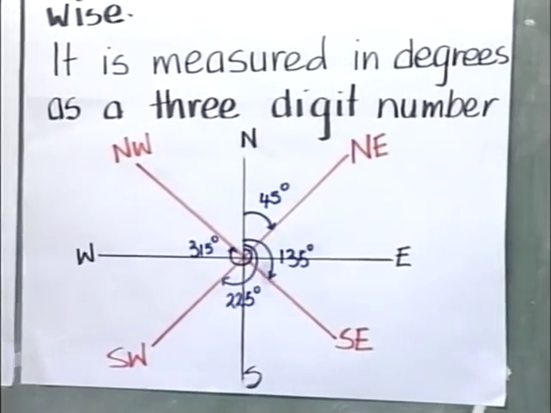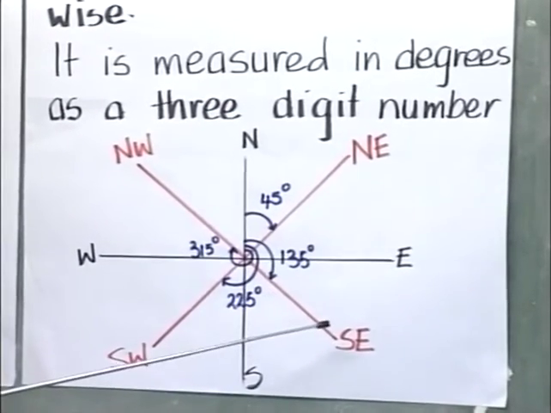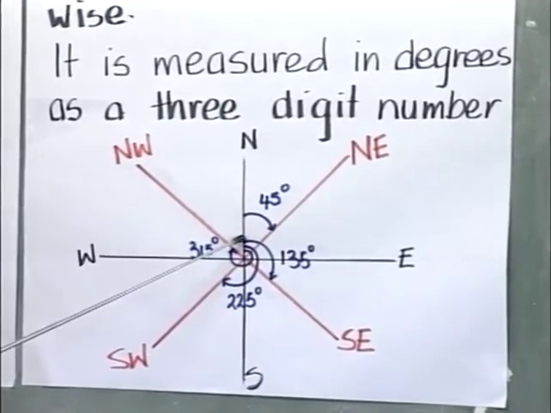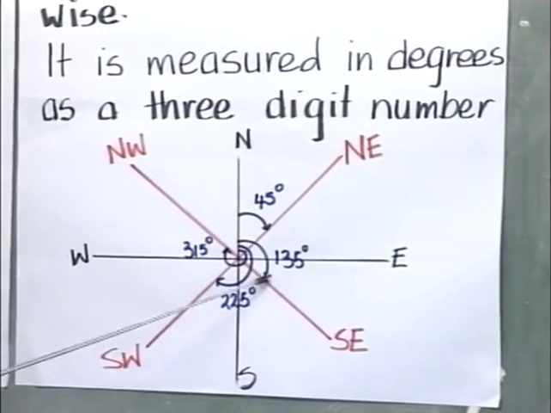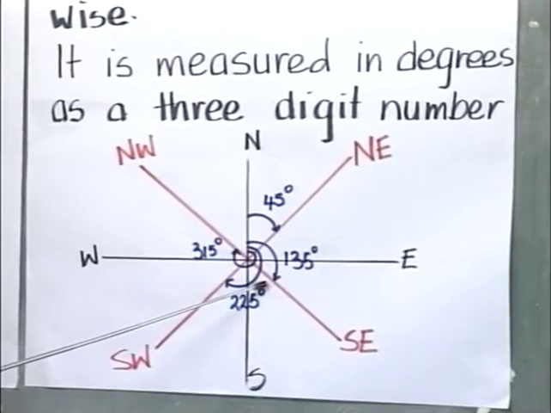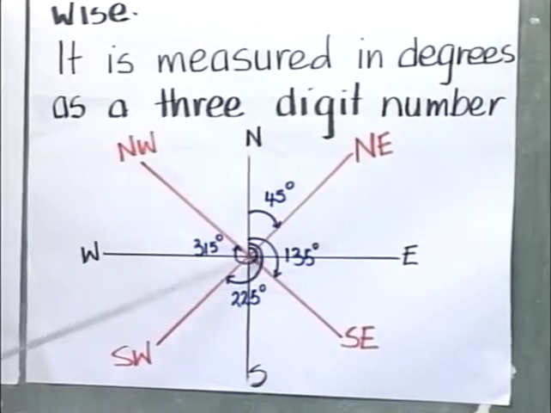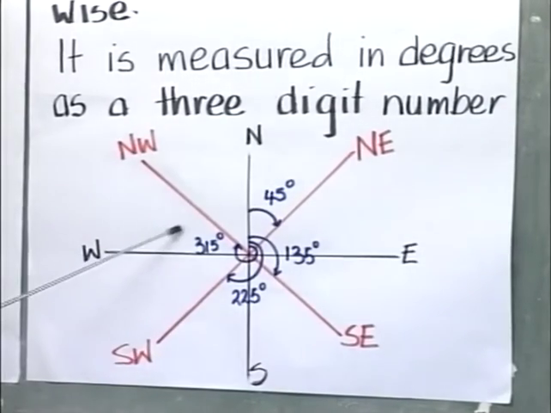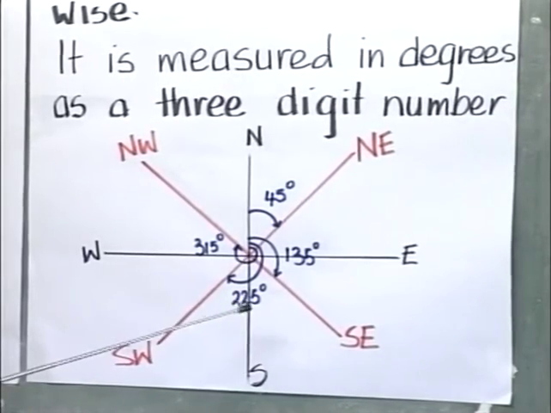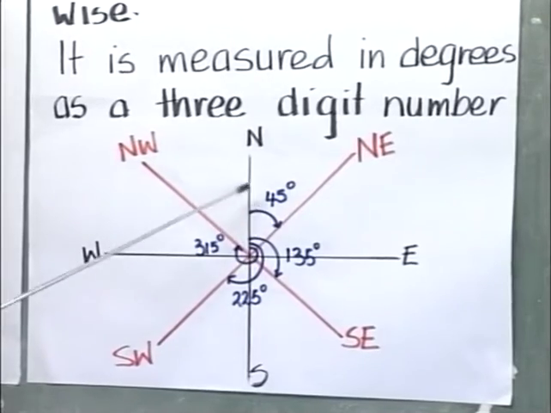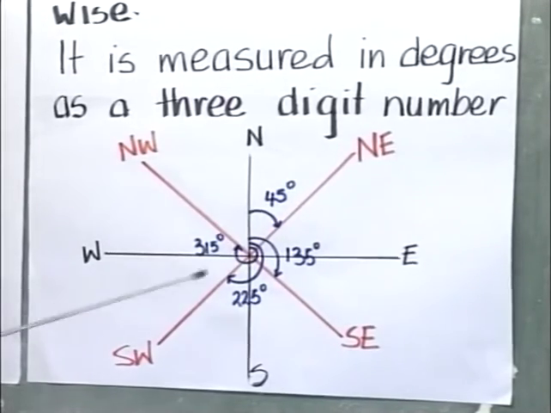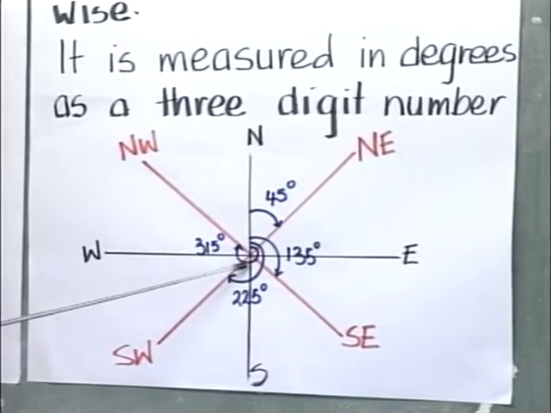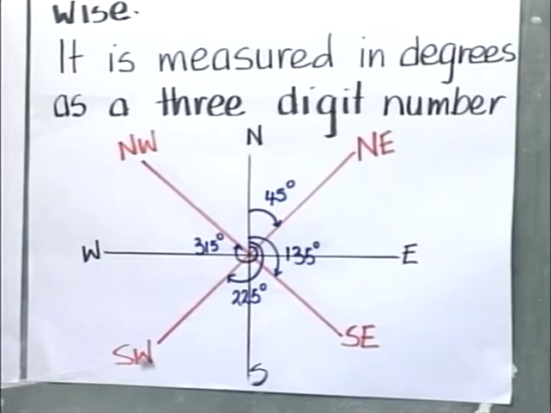Okay, from north to southeast, the bearing is 135 degrees. You always start from north and you go clockwise. Next one, the angle southwest from south is actually 45 degrees.